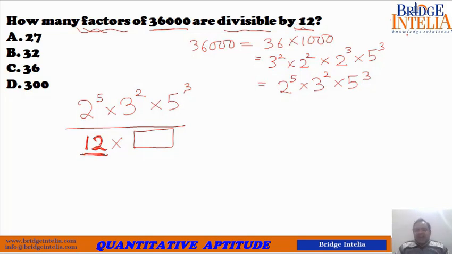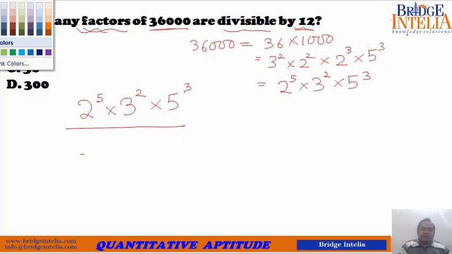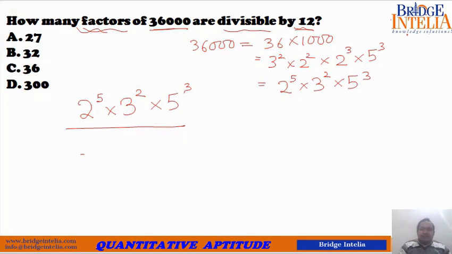The presence of this 12 will guarantee that the factor is divisible by 12. So writing 12 here means you are saying: forget about everything else, at least 12 will be seen in the bottom, because the factor has to be divisible by 12. Now what is 12? 12 is 2 square into 3 to the power 1.